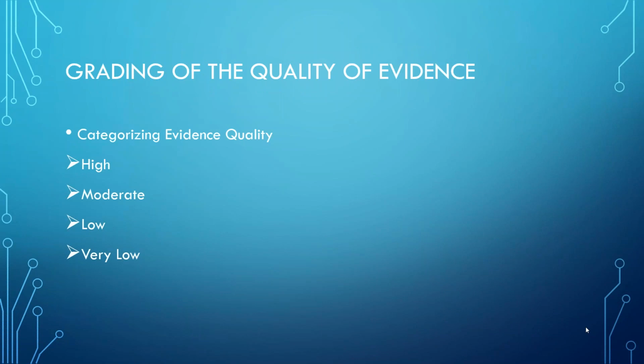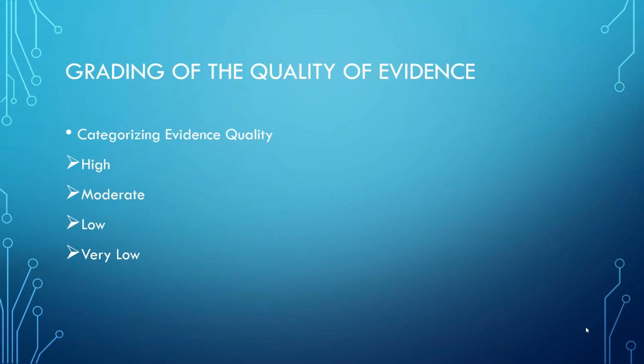So when we talk about grading the quality of the evidence, we talk about listing it as high, moderate, low, or very low. In order to provide consistent categorization of the evidence, GRADE uses these four recommendation grades. High is, for example, very confident that the true effect lies close to that of the estimated effect, all the way down to very low, where there's little confidence in the effect estimate, and the true effect is likely to be substantially different.